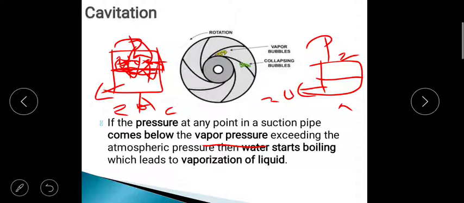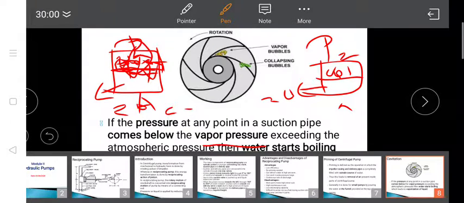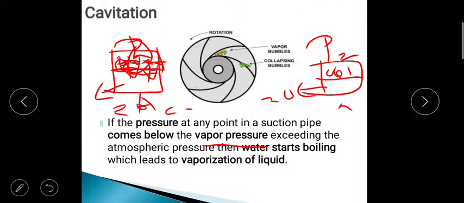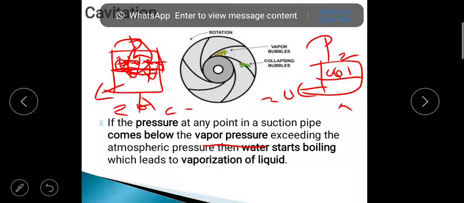If the pressure goes on decreasing below the vapor pressure generated in this chamber, where P1 is the pressure inside the first chamber which is above the vapor pressure, and if this pressure P2 goes below or equal to the vapor pressure, at that time water will start boiling at less than 100 degrees Celsius.